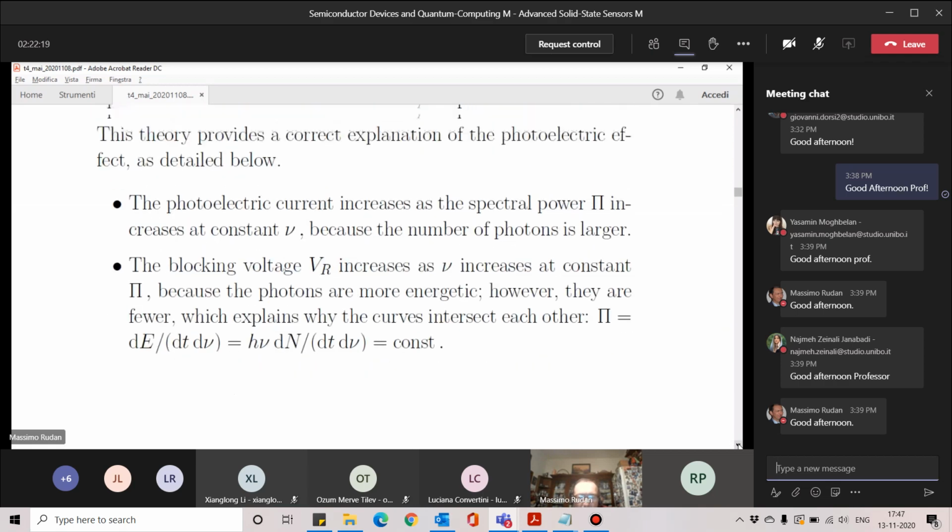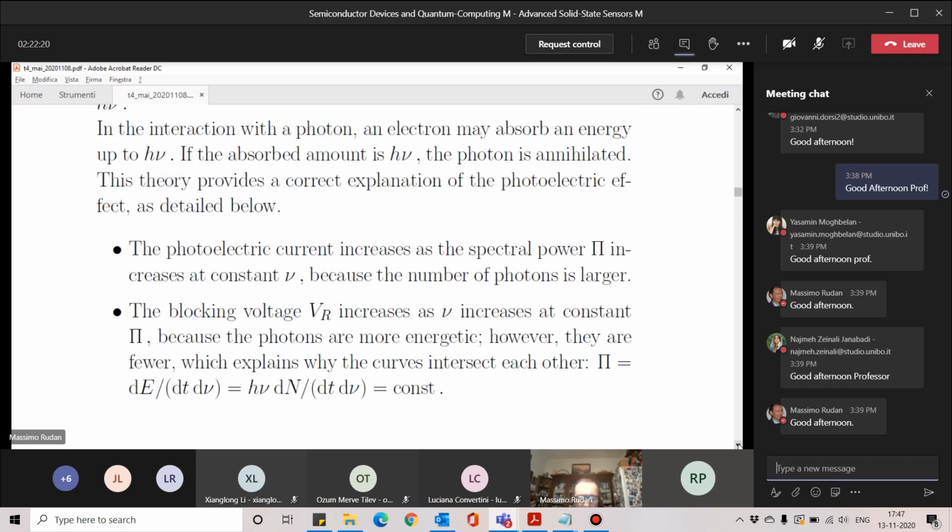Now we have immediately another issue that is an automatic follow-up of the explanation by Einstein of the photoelectric effect.